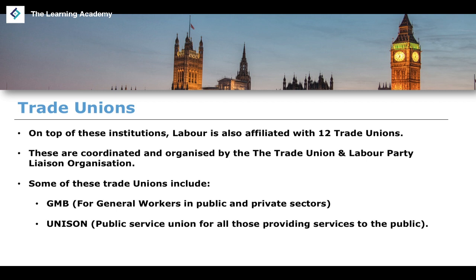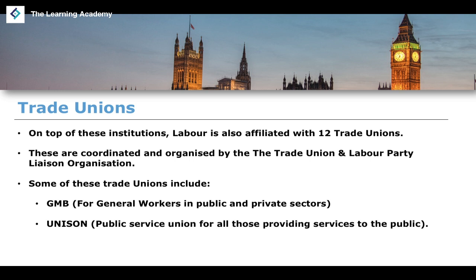Now, trade unions obviously have a very close relationship with the Labour Party, because trade unions effectively are organisations that represent workers in certain industries. Okay, they unionise workers together in certain industries to give workers a collective voice when it comes to making decisions that will affect them.